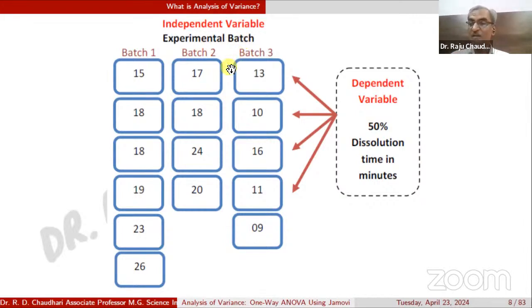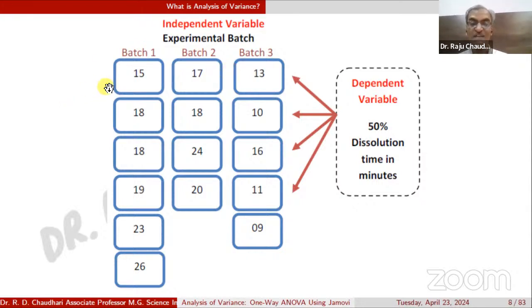So remember, whenever we have this type of tabulated data, never ever enter the data in this fashion in Excel or CSV or in any statistical software. Statistical software always requires the data in such a way that columns are the variables, rows are the observations.